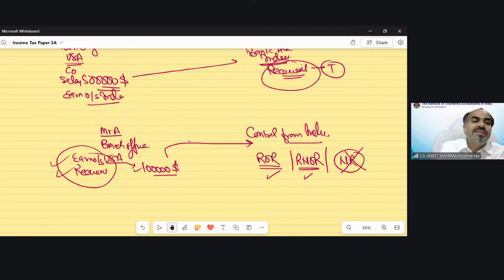Even if both conditions are satisfied, you do not fall in category 1 or category 2, but if the business is controlled from India, in that situation, that income is going to be taxed in the hands of a resident and ordinary resident, and resident and not ordinary resident.